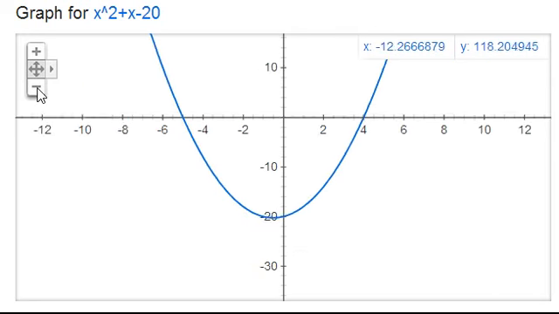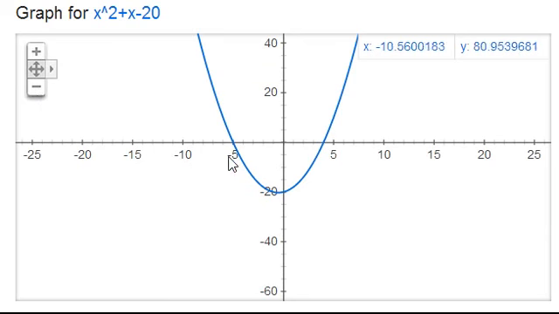Now, if I were to zoom out, you see that everything to the left of negative 5 would be greater than 0, and everything to the right of 4 would be greater than 0. If we were to flip this inequality around and make it greater than 0, then we would be looking at all of these x values, from negative infinity up to negative 5, and then from 4 to infinity.